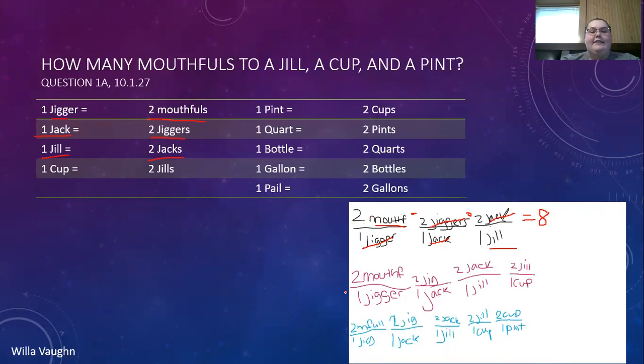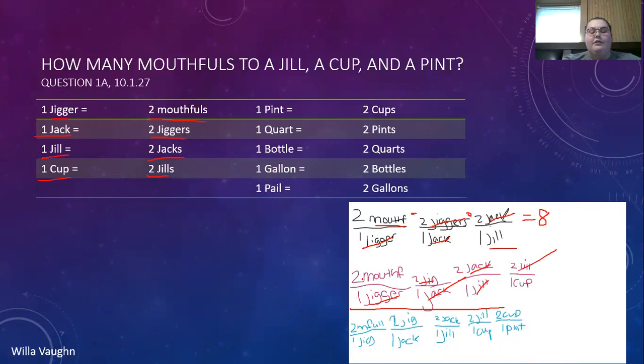So now the second one is how many mouthfuls to a cup. As you can see, we're going to have the same 3 conversions, the first 3 that we had up here. So jiggers are going to cancel out, jacks are going to cancel out, and then we have 2 jills to 1 cup. So we're going to put the 2 jills up top because we want to get rid of the jills.